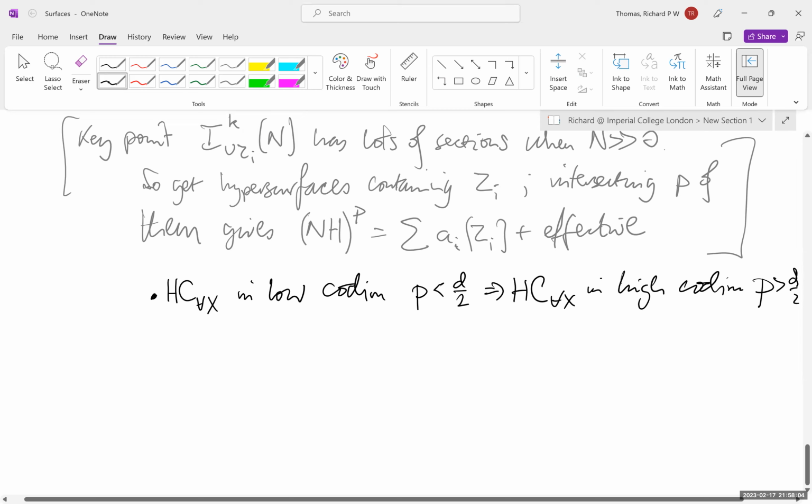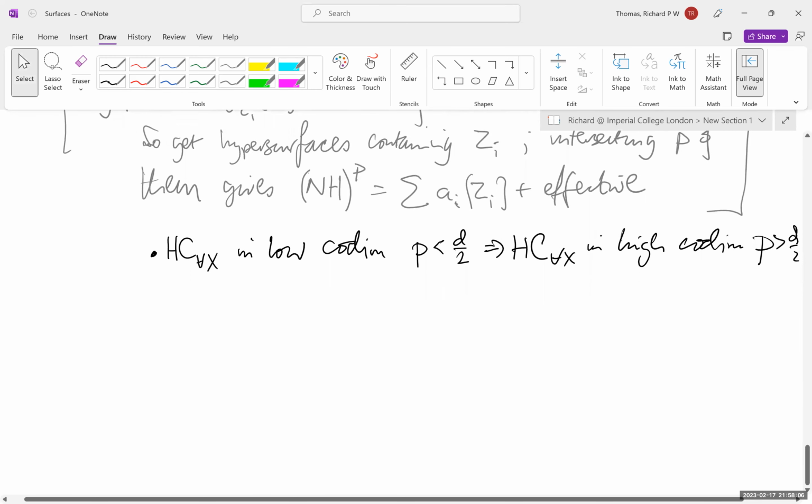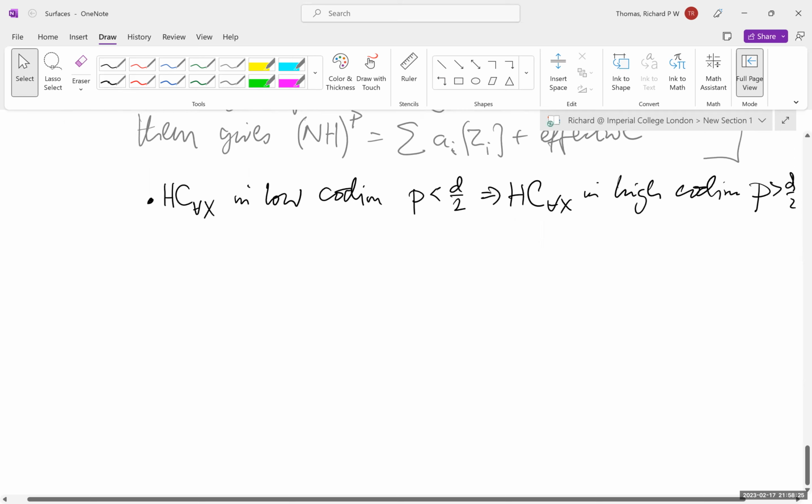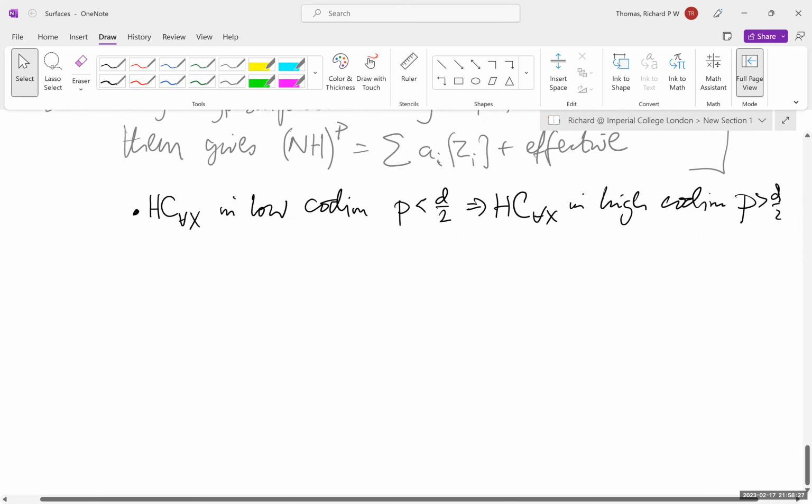So to prove the Hodge conjecture, you only need to prove it for low codimension classes. You only have to produce algebraic varieties of dimension bigger than half the dimension and above, so big subvarieties of small codimension. And this is also very easy to prove. This was how we proved earlier that the Lefschetz (1,1) theorem gives you the Hodge conjecture in 2 degrees, not just for divisors, but also for curves. It's the same proof, so I'll just give it now.